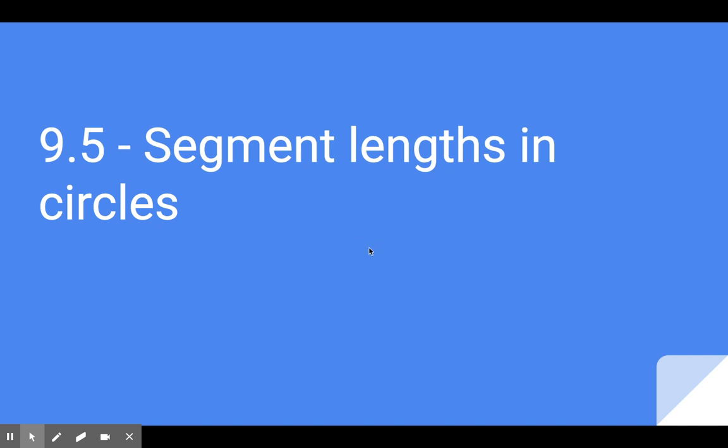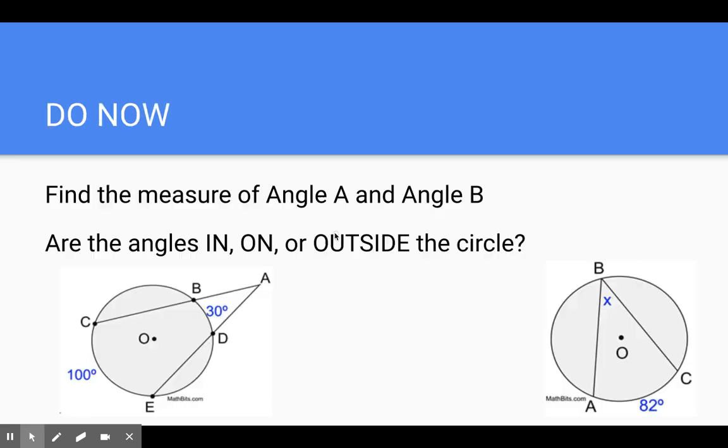Last lesson before spring break in 9.4, we talked about angle relationships in circles. Now we're talking about segment lengths and segment relationships in circles. Just a quick review from before spring break. Right here, this angle is outside, so the equation is angle equals big minus small divided by 2.